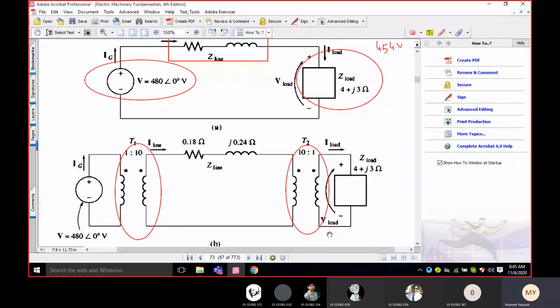And when it comes to the load side, the author has used another transformer to step the voltage down and to step the current up at the same time.